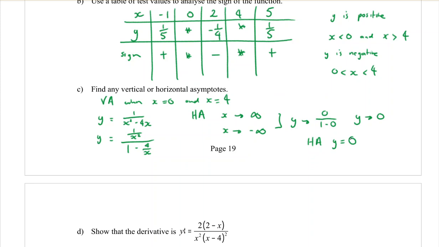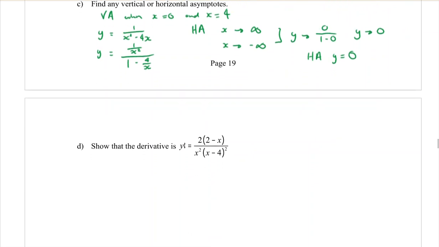Okay, part D. Show that the derivative of my equation is given by that lovely answer there. That means I can't use that answer, I just am trying to get to that.